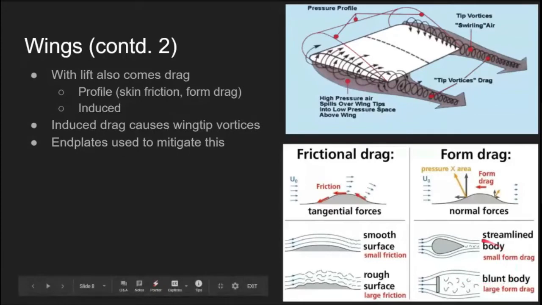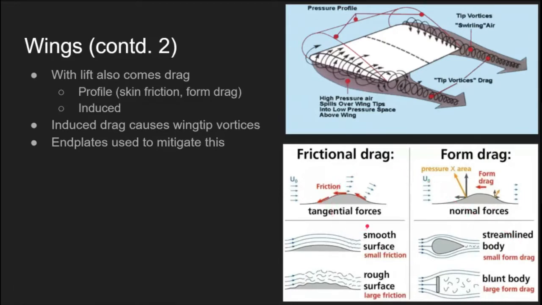If you have a more streamlined body, for example, an airfoil, you're going to have a small form drag because the frontal area of the object is smaller, but you're also sort of grooming the air around the shape. You're not just making it hit a wall. You're grooming the air and making sure it doesn't separate around the actual body. So that's one source of profile drag.